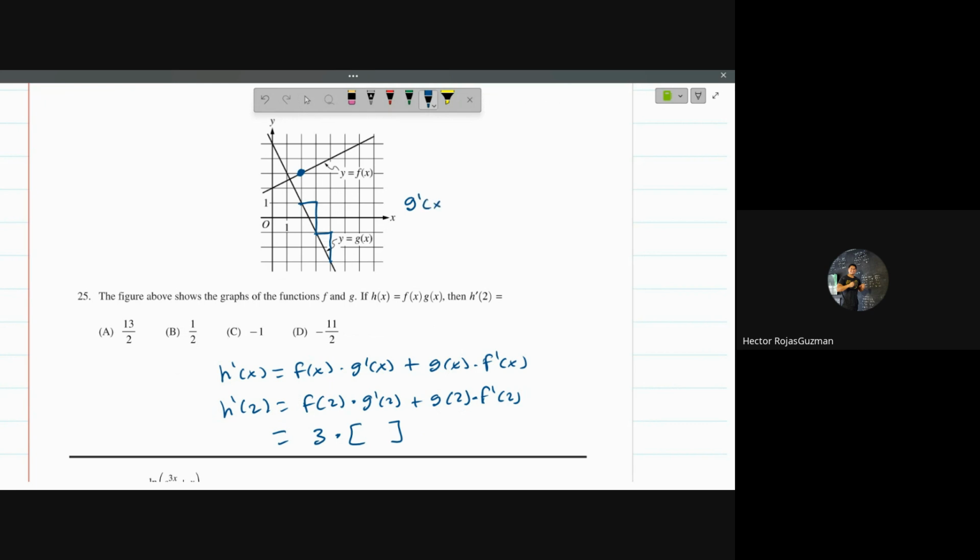So g prime of 2, the slope is -2. G of 2 is -1 according to the graph. F prime of 2 is the slope. So 1, 1, 2. So the slope equals 1/2. The slope equals -2.